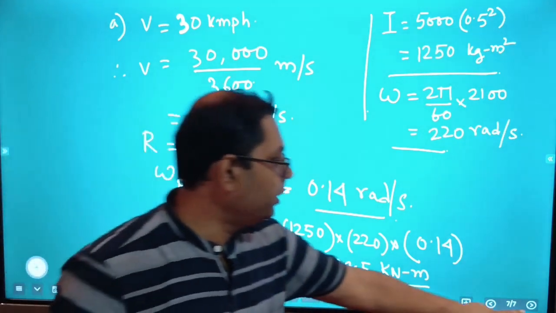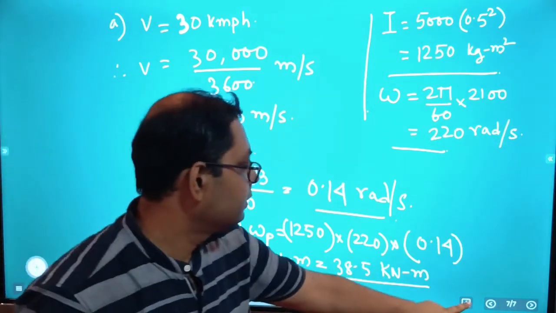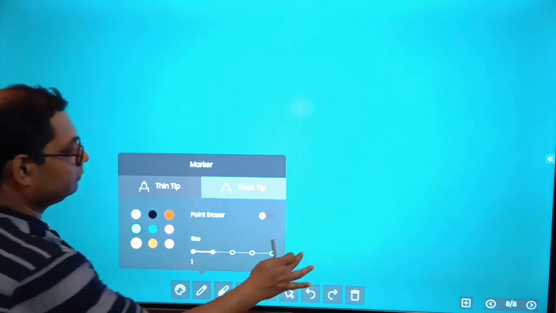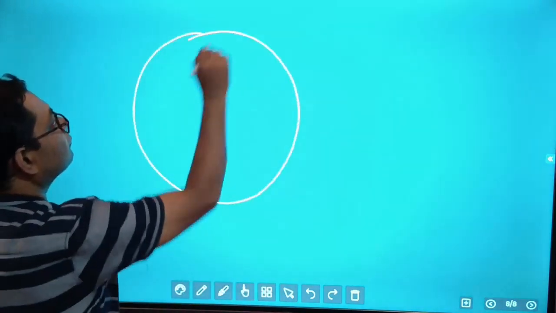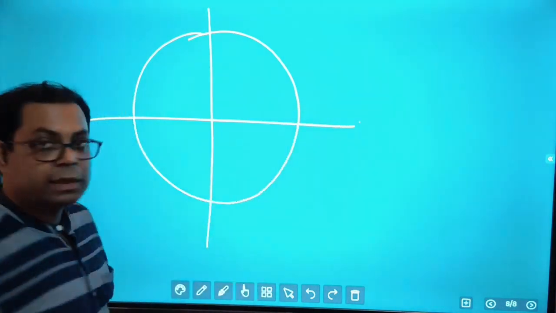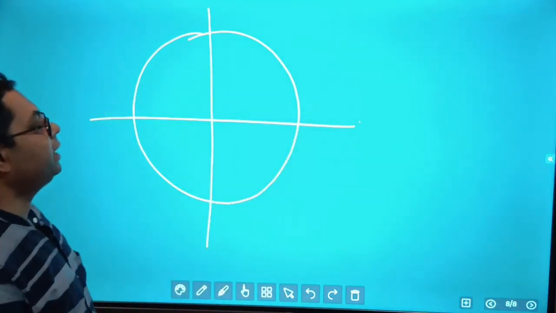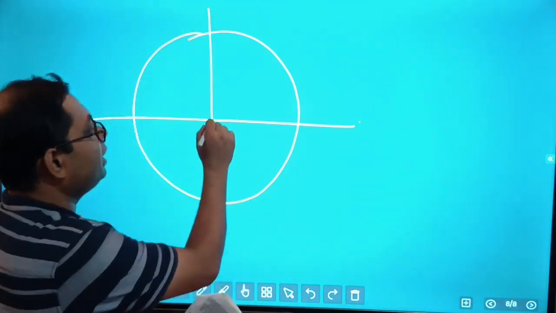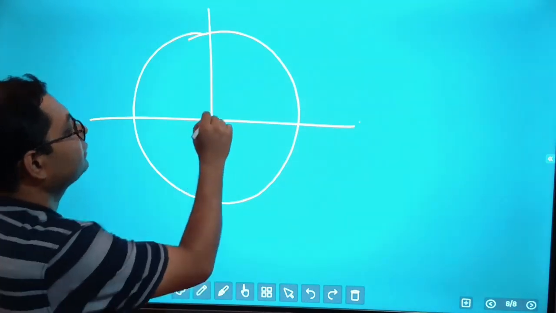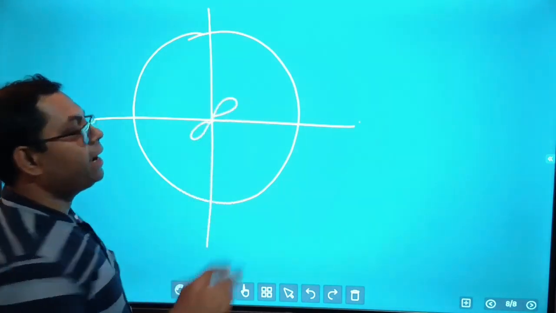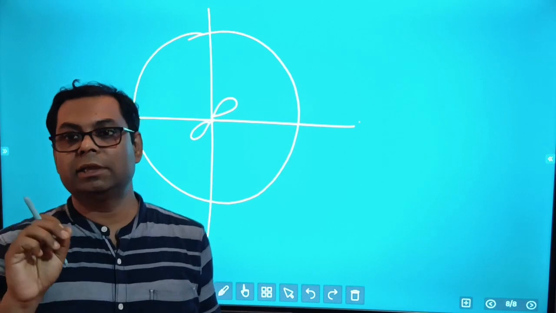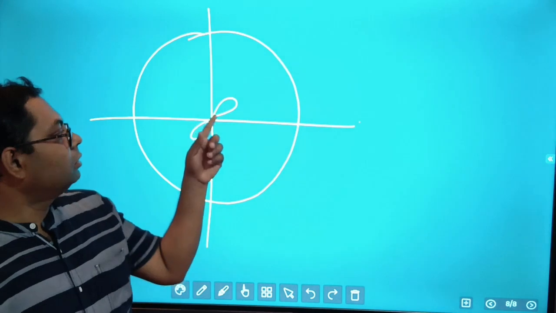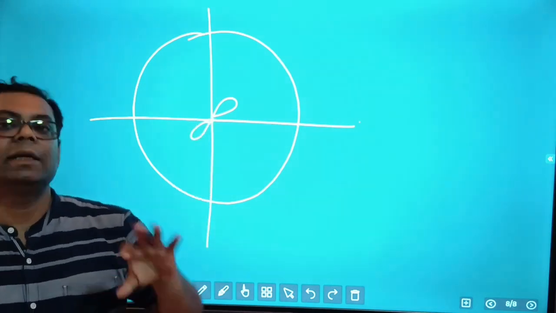For that, we have to draw a circle just like this, and here we have to mention that this intersection is the main shaft axis of this particular vessel. So this is the propeller. It is indicating the propeller.